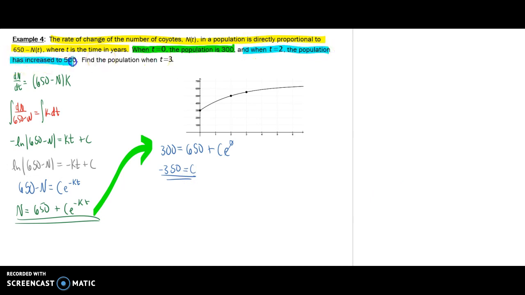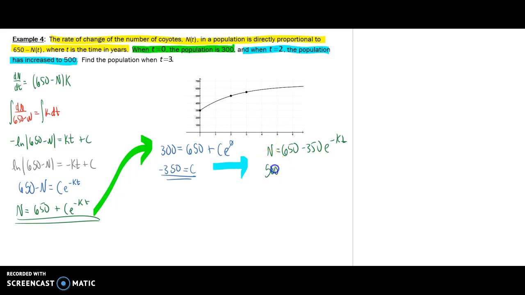Now, when t equals 2, the population has increased to 500. We can use that information. N equals 650 minus 350 e to the negative kt. Plug that in.